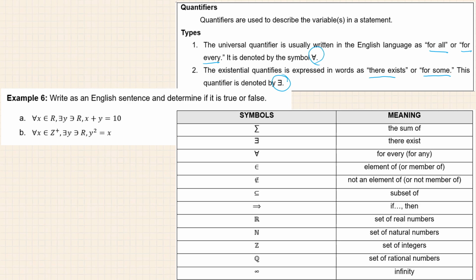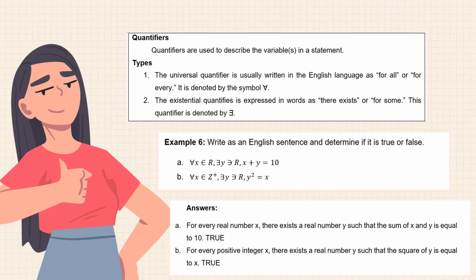So let's try to write as an English sentence and determine if it is true or false. So we have A and B. Okay, so the answer will be for A, for every real number x, there exists a real number y such that the sum of x and y is equal to 10. And this is true. Then how did we get this answer?